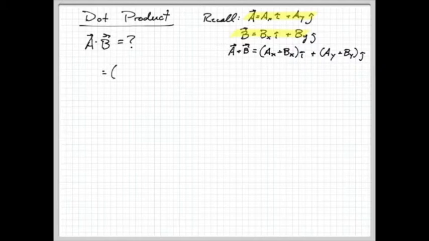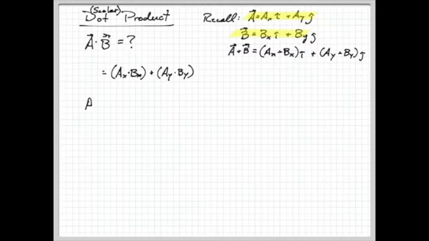What you're going to do is multiply like components together, and then add those products. You'll notice that we've lost all i hat and j hat notations. That's one of the things that's unique about a dot product. Sometimes instead of dot product, you actually hear this called a scalar product. It actually removes the vector nature.